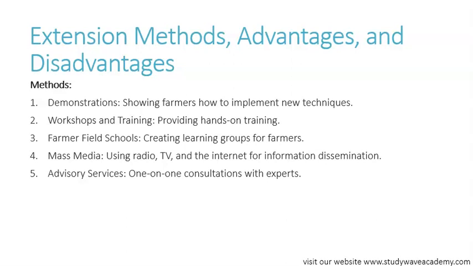So agricultural experts and organizations share knowledge and information using these methods: demonstrations, workshops and training, farmer field schools, mass media, advisory services. Okay? They use these methods to share information with farmers to help them improve their farming practices.